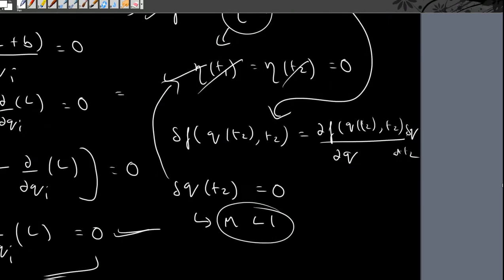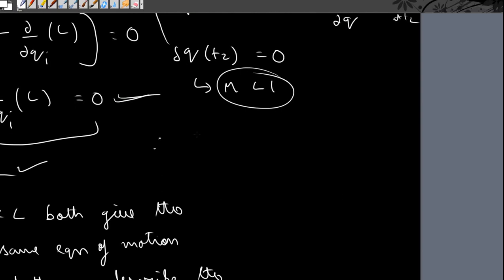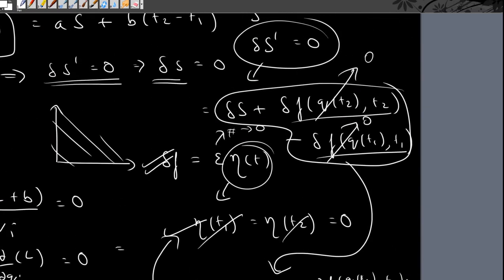Therefore, the variation of S dash going to 0 is the same as the variation of S going to 0, because of this, and both these terms go to 0.